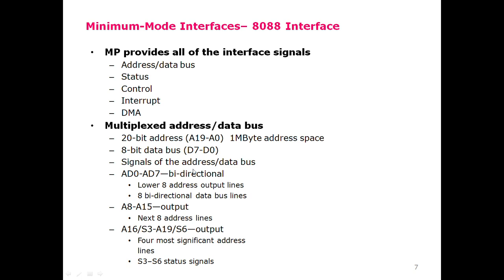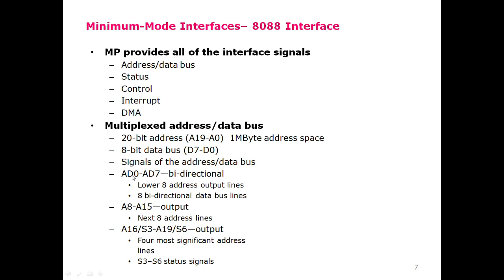Signals of the address data bus: these multiplexed address data pins provide signals for the address and data bus. AD0 till AD7, these pins are multiplexed and they are bidirectional. They can be used for the lower 8 address output lines, and they are also used for 8 bidirectional data bus lines.